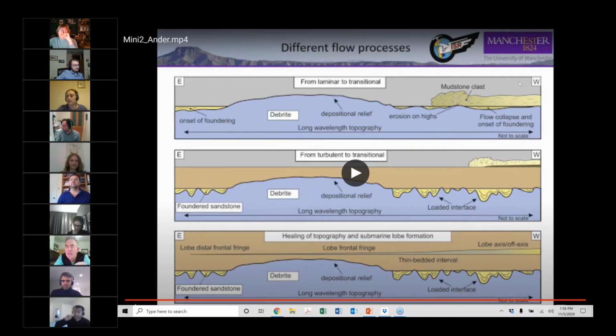The grain size is a very interesting thing in these deposits, because the upper parts of the beds often have coarser sand grains in my experience, so the debritic part of the bed is more efficient in carrying the coarser sand grains deeper into the basin.